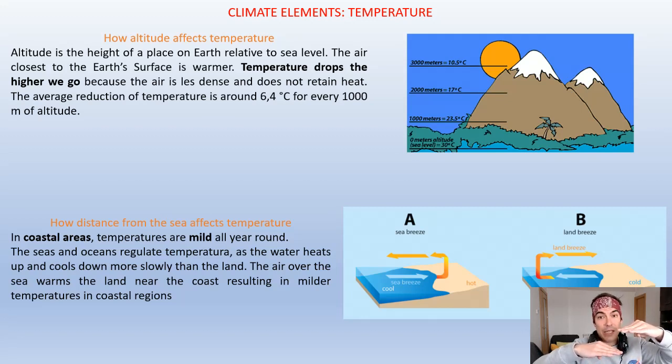For example, in Madrid, which is far away from the coast, the higher and the lower temperature are very separated from each other, and that's because the sea acts like a regulator of the temperature. Okay, so the closer we are to the sea, the milder the temperatures will be.